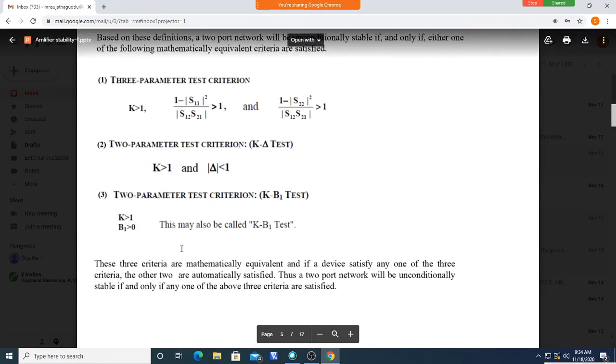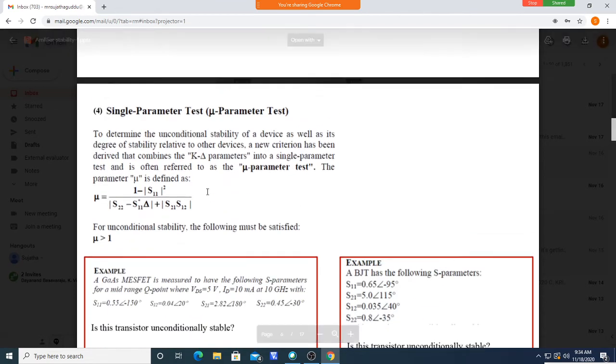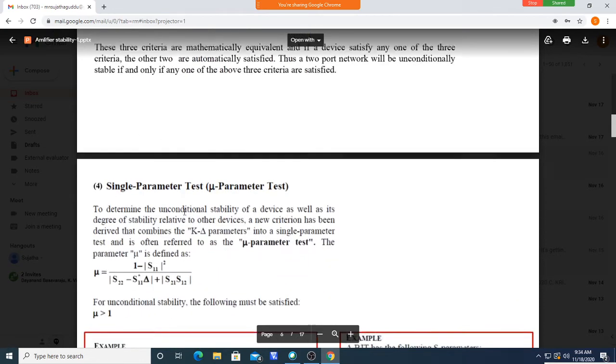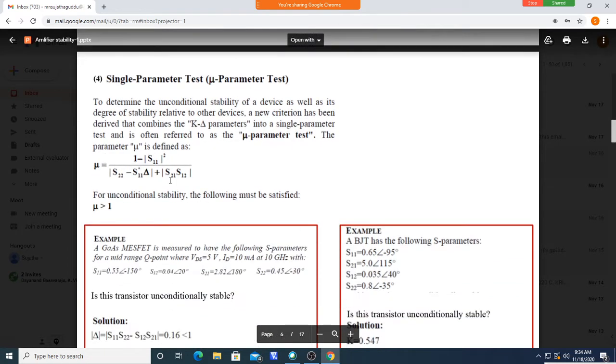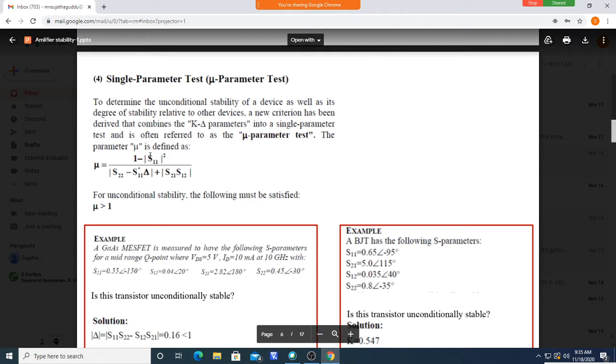Another method is the single parameter test, which you can also use. Instead of checking K greater than 1 and delta less than 1, you can use a single parameter test. This is called the mu parameter test. If mu is greater than 1, then it is also unconditionally stable. Only one parameter you need to check, mu.